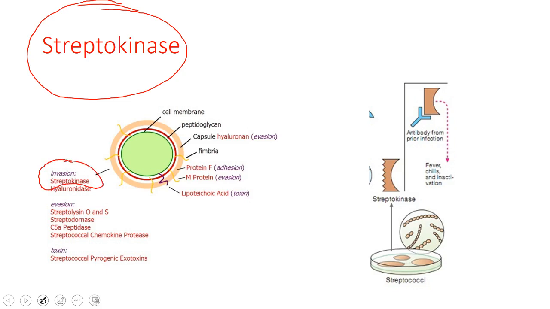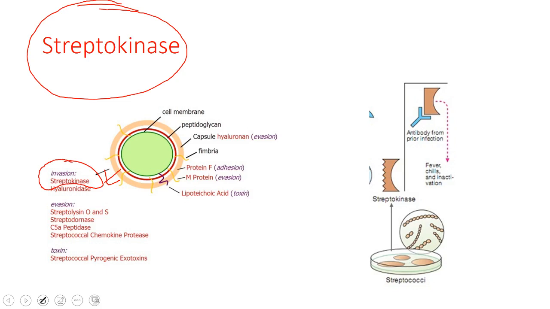In fact, it is one of the naturally occurring enzymes that you see on the cell wall of Streptococcus pyogenes. Why is this important?